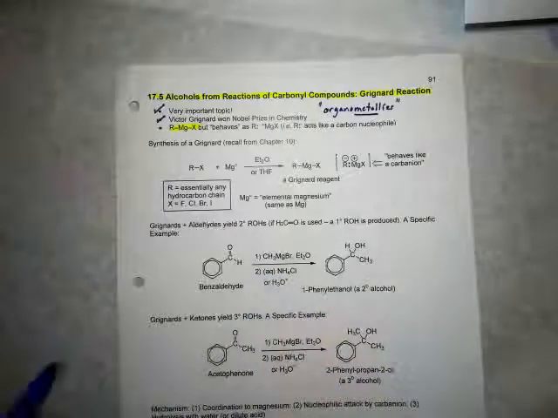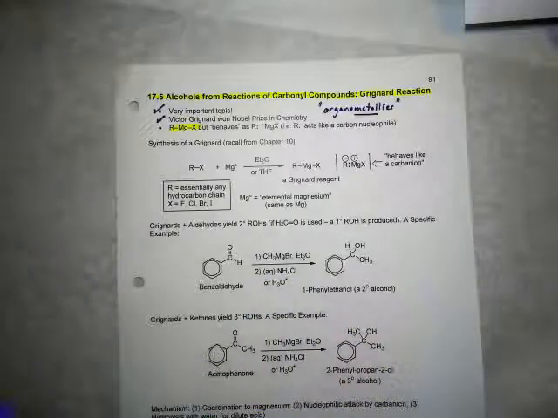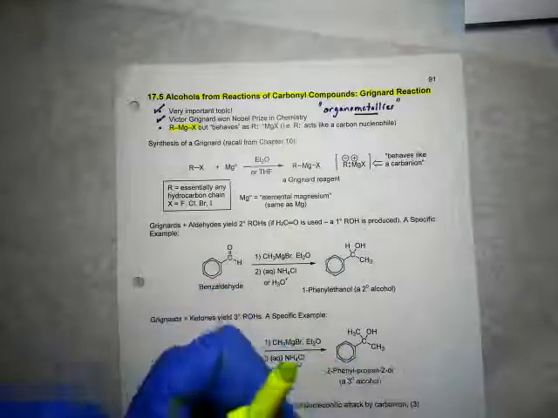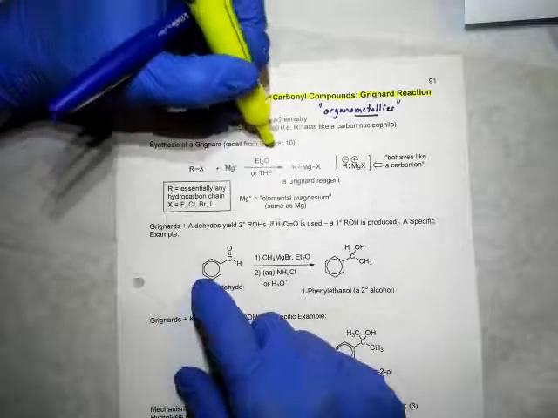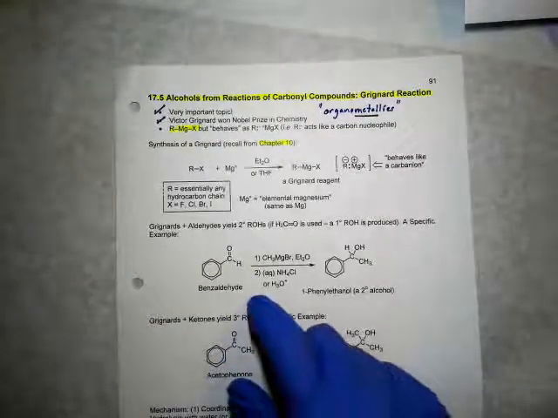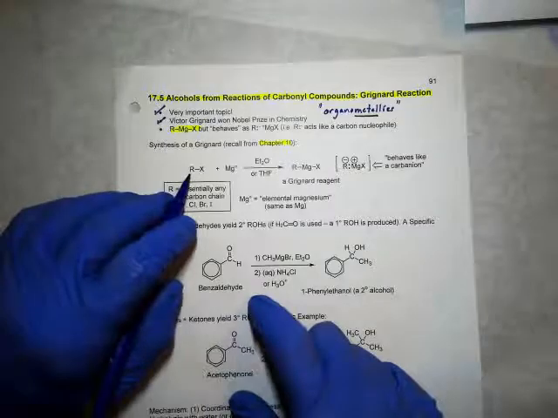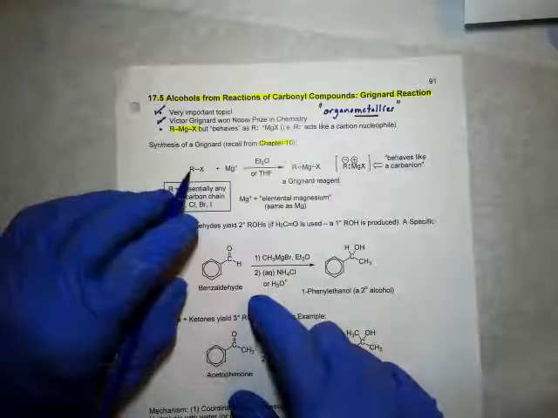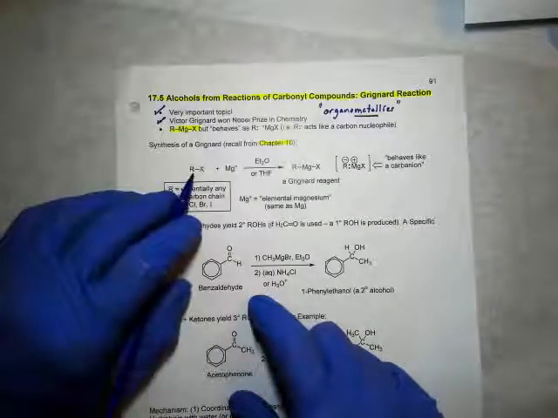Okay. Now, you may not remember it, but you actually learned how to make a Grignard reagent back in Organic 1 when we were in Chapter 10. And how did that work? Here's how it worked. You begin with an alkyl halide, denoted by RX.